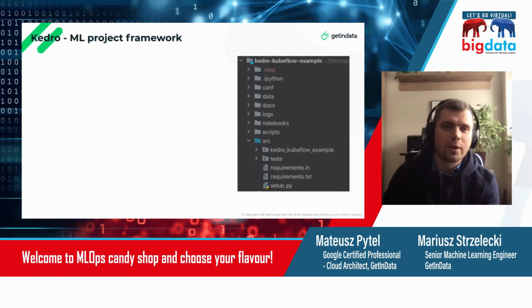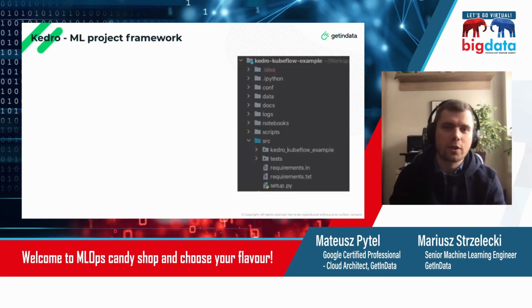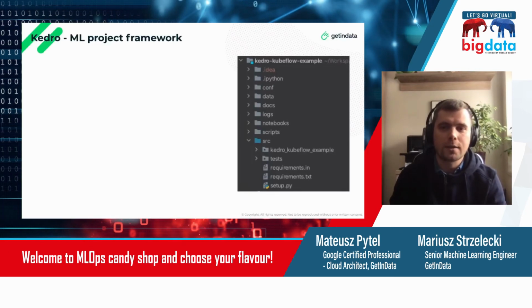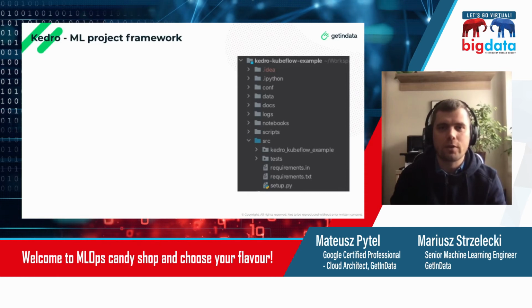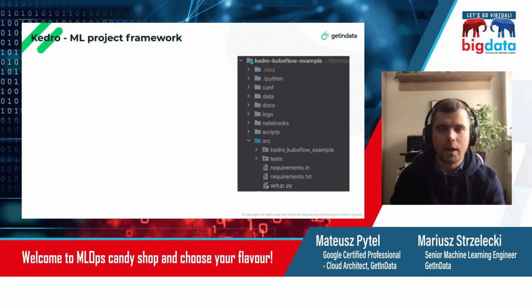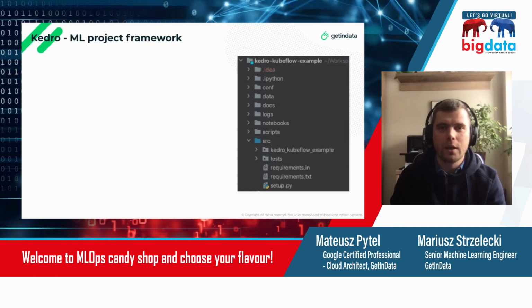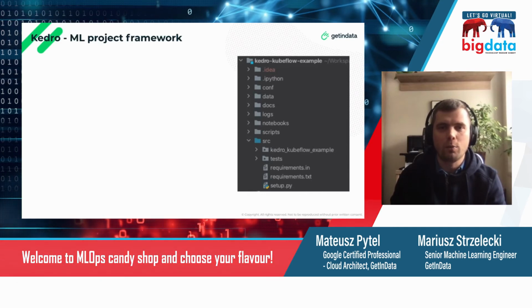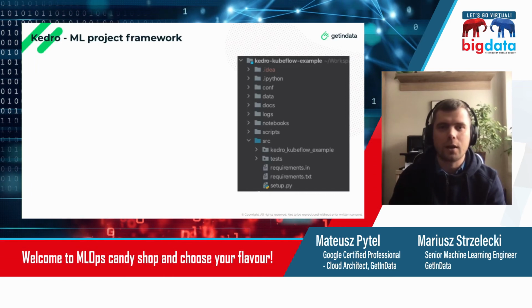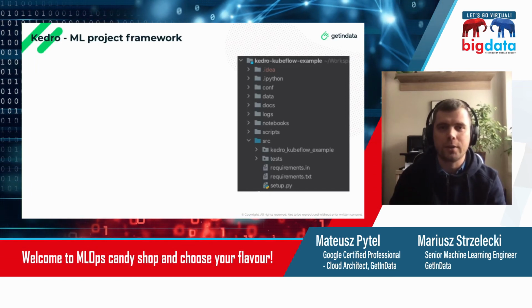So what is Kedro? Kedro is an ML project framework. If you ask any Java developer what the structure of Java code is, either if it's Maven or Spring Boot or something similar, it's pretty easy to point out where the tests are, how to structure their source code, and so on.